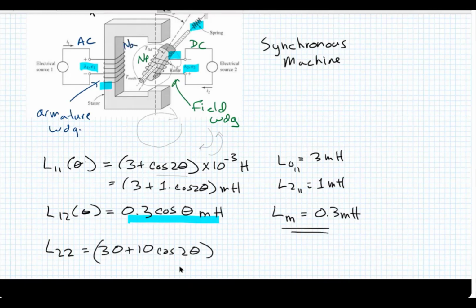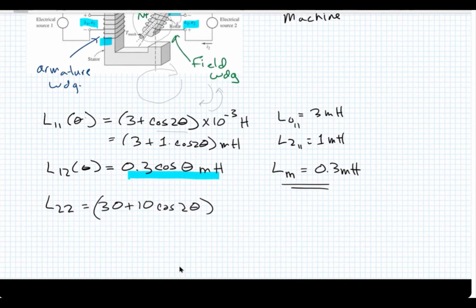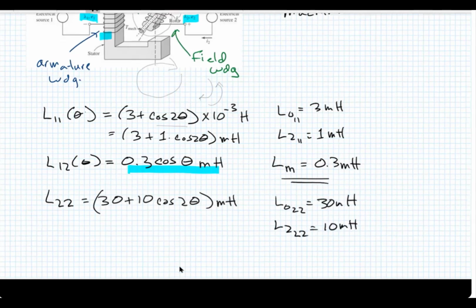So 30 plus 10 cosine 2 theta millihenries says that you've got a static self-inductance of 30 millihenries and a varying self-inductance of 10 millihenries peak.